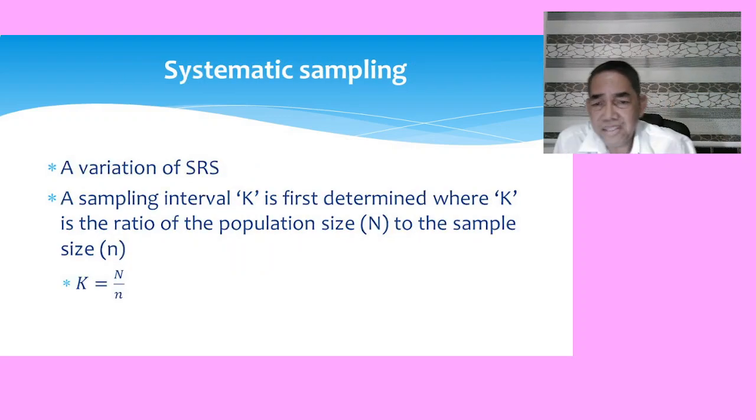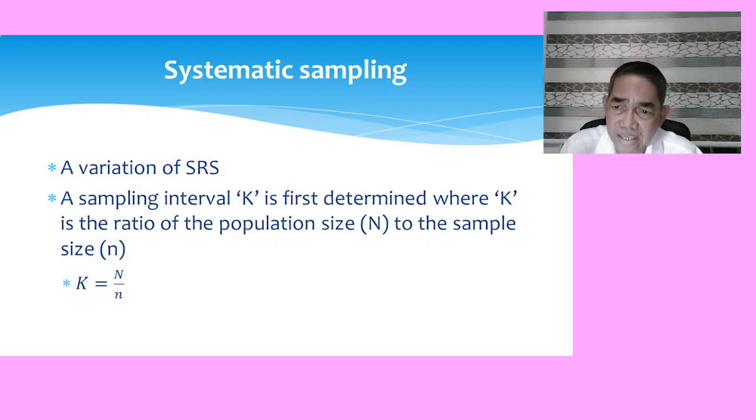Okay. The next is systematic sampling. That's actually a variation of simple random sampling, except that we normally calculate a sampling interval K, where K is the ratio of the population size to the sample size. So this is the formula of the K, the ratio of the population size over the sample size.